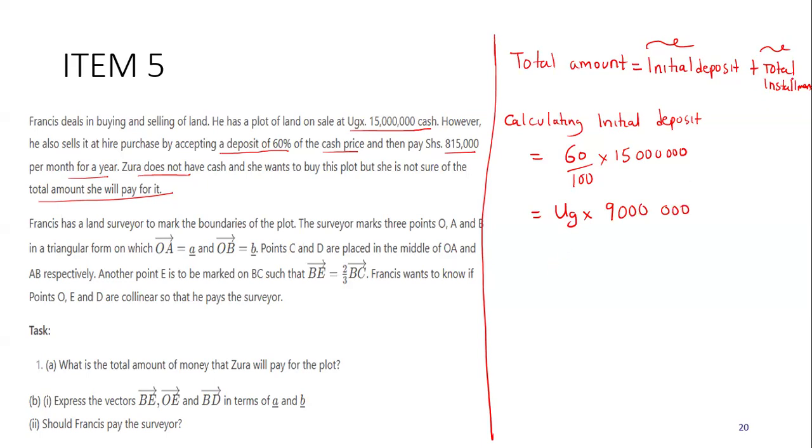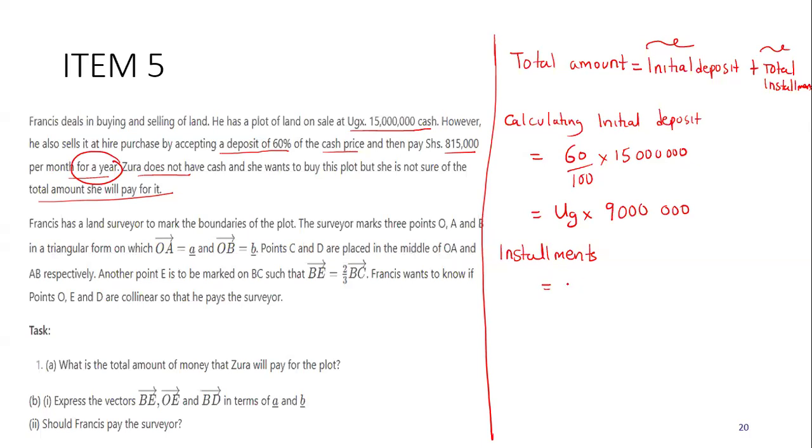Then after that, I go to total installments. Hope you are noticing how I'm presenting my work. I'm presenting it in a vertical form, not side by side. Avoid presenting your work side by side. I know very well that he wants to pay per month, and a year has 12 months.